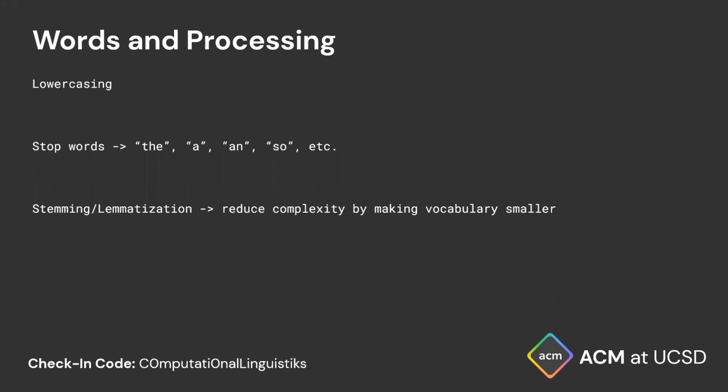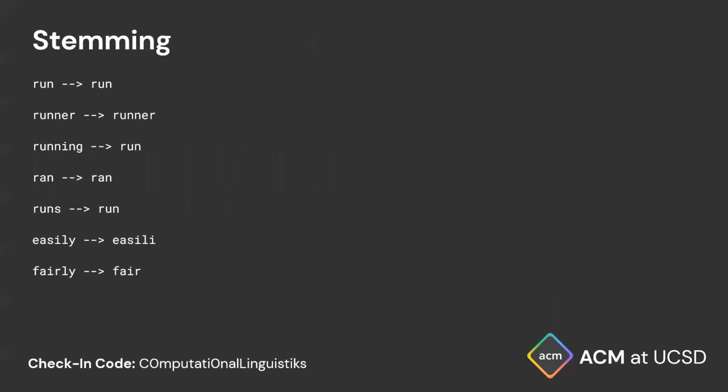And then the last part is stemming and lemmatization, which is also a method of reducing our vocabulary. Stemming is a fairly crude heuristic process that cuts off the ends of the words. There are some special cases, like easily, which turns into easili with an i, but the point is essentially just to cut off the ends of words in order to make them more similar.